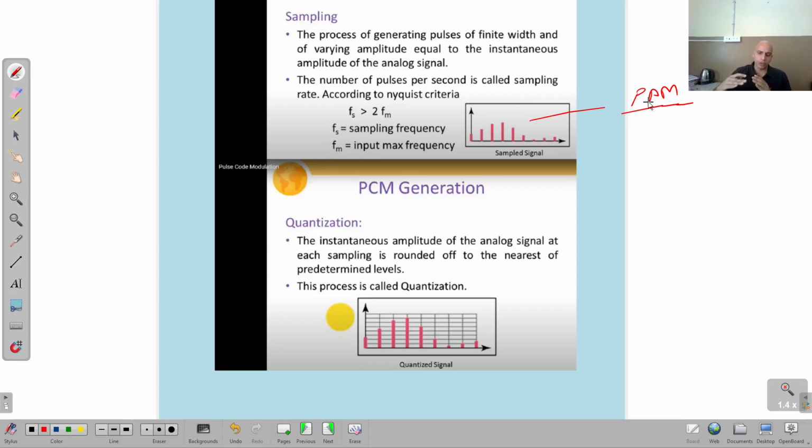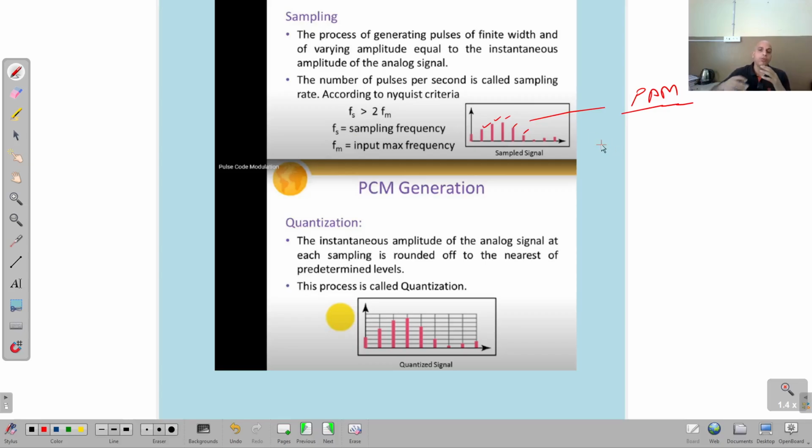So you can see this signal. Now these are the amplitudes. The amplitude of the different pulses is not quantized. It can have any value. And what is the value? Value of either voltage or you can say current. So when we are representing the amplitude in terms of voltage, the voltage level of the sampled signal can have any value, right?